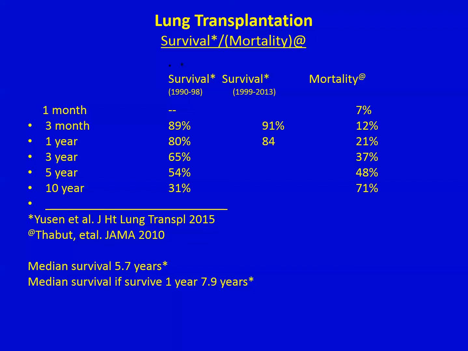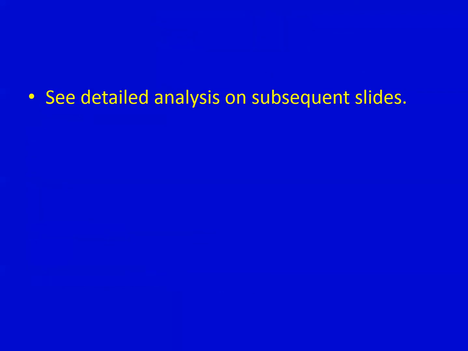On the left side, I've summarized from a review article that appeared in JAMA 6 years ago. The median survival currently is about 5.7 years, and if one survives 1 year, their median survival is almost 8 years. The next slides give a detailed analysis of these results.